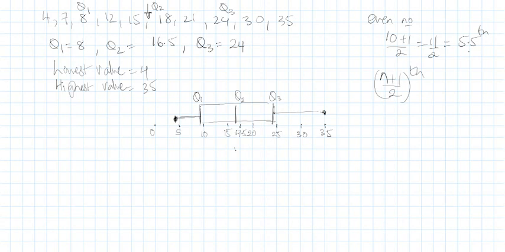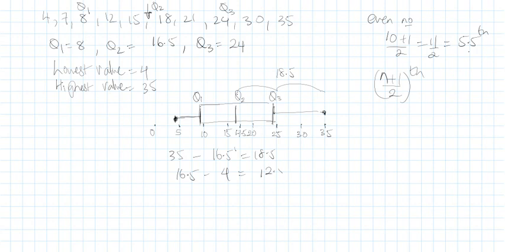So we know that Q2 is 16.5. If I do 35 minus 16.5, I get 18.5. So that's the distance from the median till the highest value. It's 18.5. Then if I calculate the distance from the median till the smallest value, that will be 16.5 minus the smallest value, which is 4.